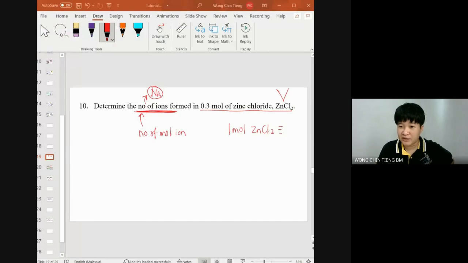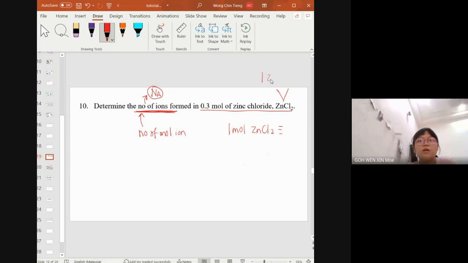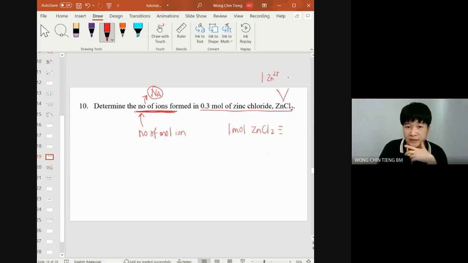Safan, saya tak faham jawapan kamu. 1 mole of zinc chloride, how many ions? Jawapan lain? 3. Go. 3. Why 3 go? Because 1 zinc ion and 2 chloride ion. 1 zinc 2 plus and 2 Cl minus. So 1 mole of zinc chloride actually give you 3 mole of ion. 1 cation, 2 anion. If you get this right, then you should be good.